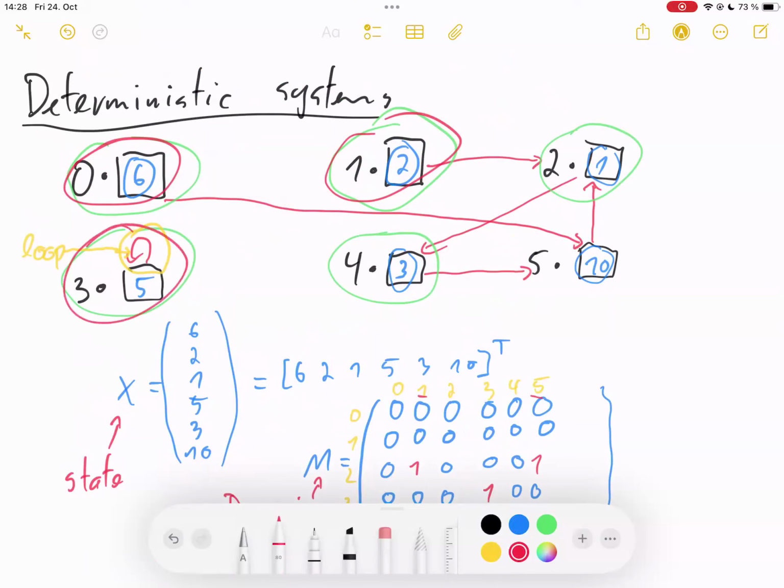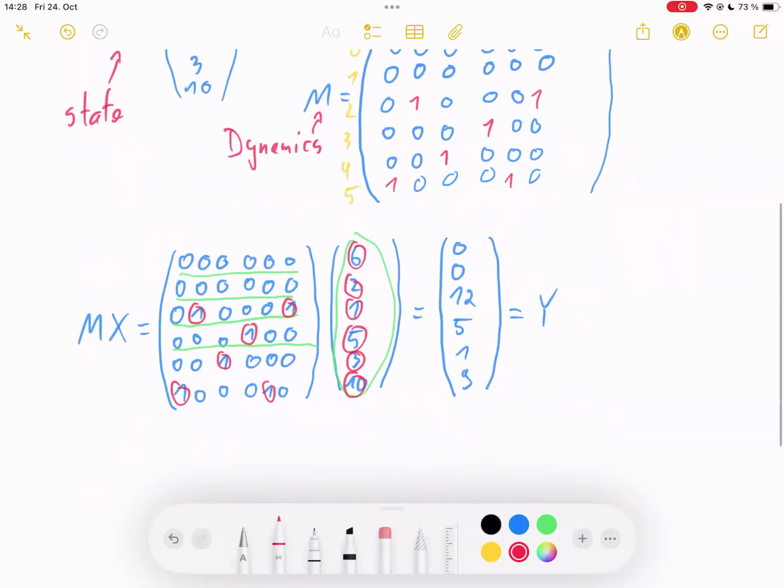In 3, everything would stay. And in this area, we would have some more complex dynamics. But the good thing is we can model this fairly easily with linear algebra.